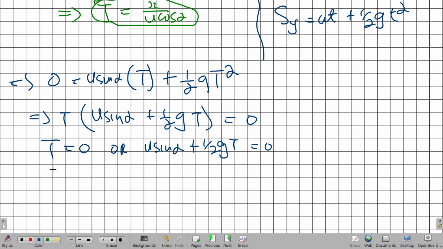So this is when t is 0, this is the start of the flight. The start of the flight, rather not the flight but the trajectory. This will be the start of the trajectory.